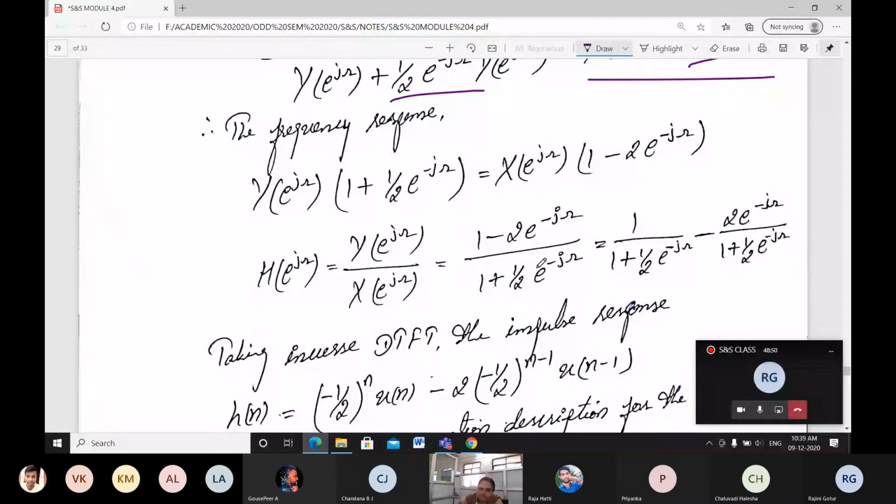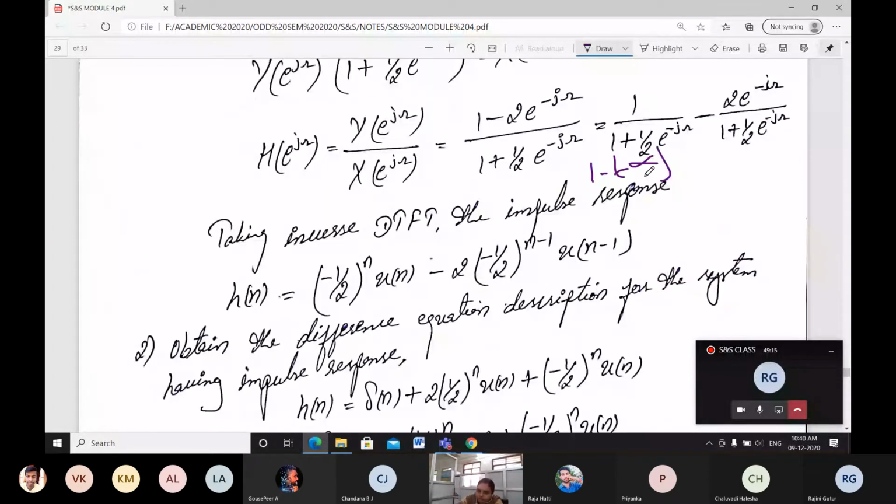Then taking the inverse, this is like your alpha, 1 minus of minus 1 by 2 e raised to minus j omega. Therefore, the impulse response is going to be h of n equals minus 1 by 2 power n u of n, because here it is e raised to minus j omega.